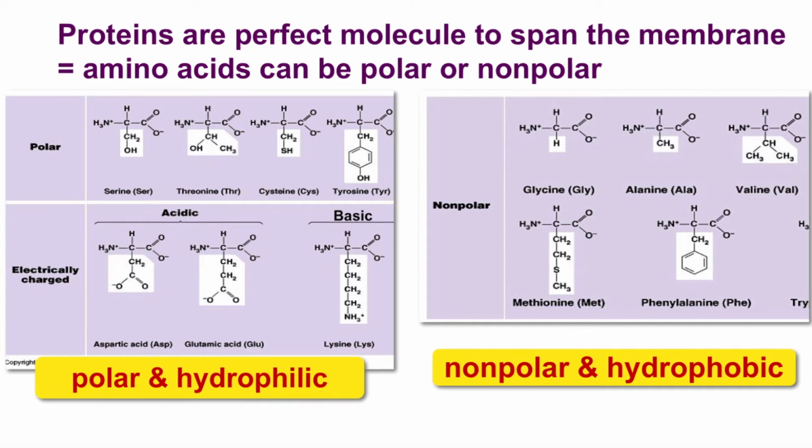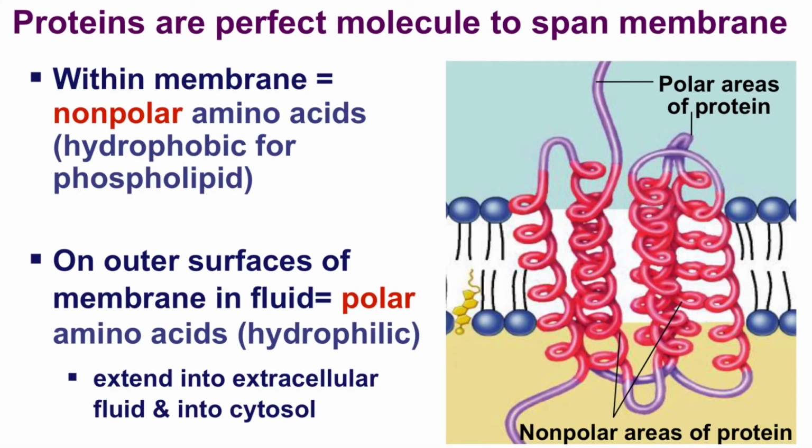So if you want a protein to sit inside the membrane, you have a middle region of that protein be nonpolar, so it can sit where the nonpolar fatty acid tails are, and then the outer edges be polar, so they can sit comfortably in the phosphate region. And you can see that here.